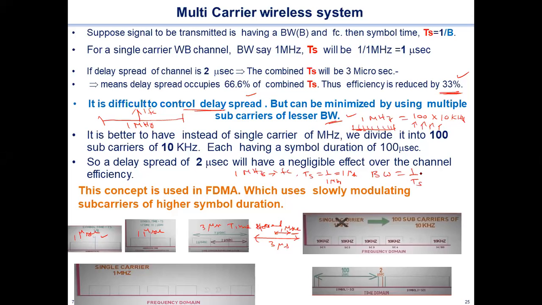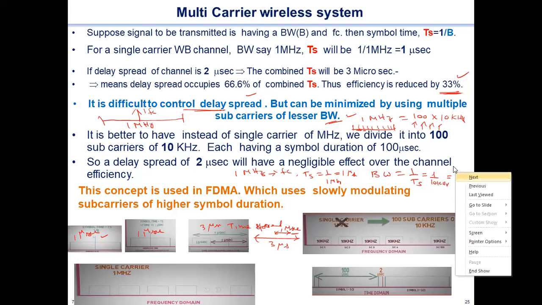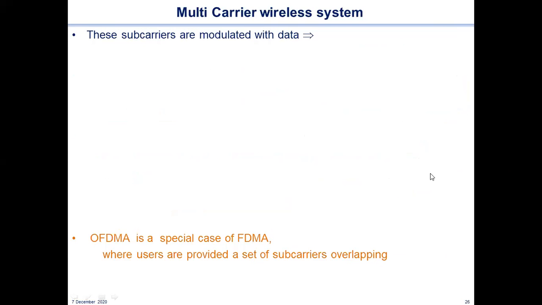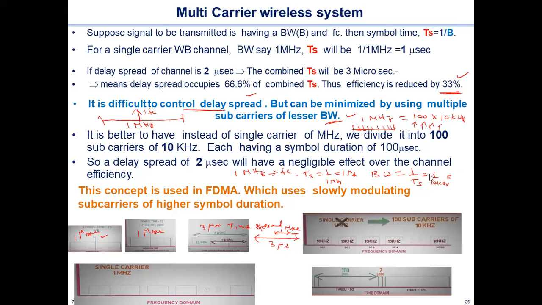Now the total bandwidth is divided into 100 subcarriers of 10 kilohertz. So this is 1 by 10 kilohertz, which is equivalent to 100 microseconds.